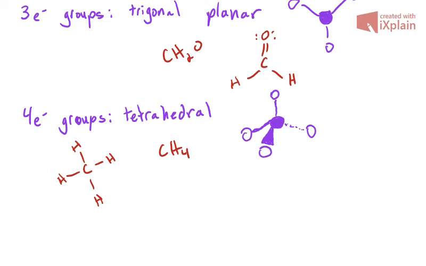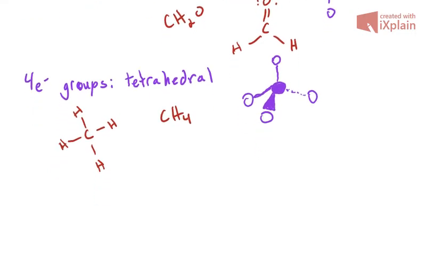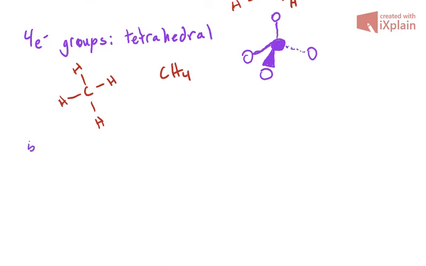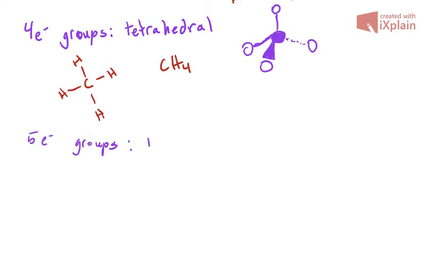Okay. 5 electron groups. This one is the double triangle pyramid. This is called trigonal bipyramidal.